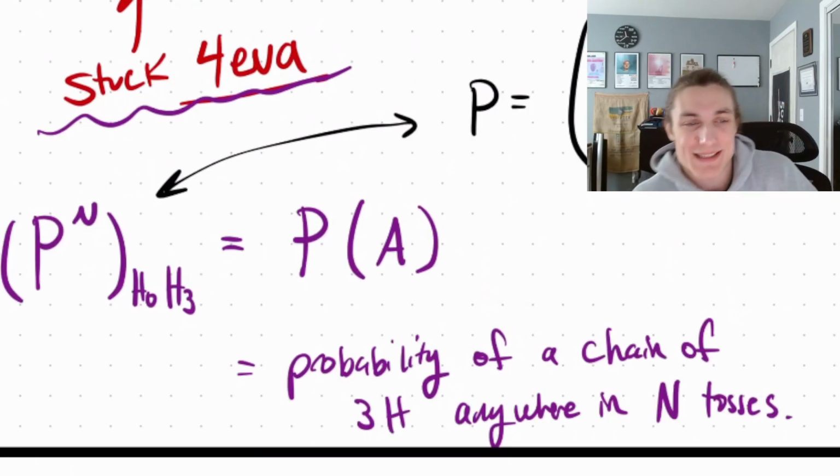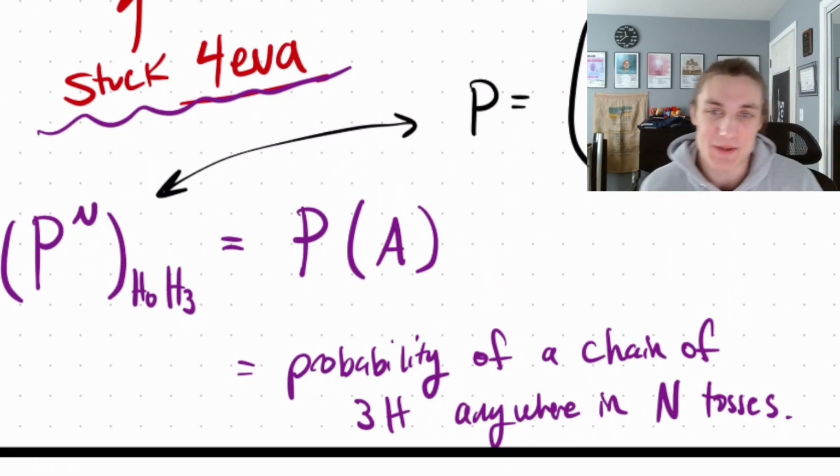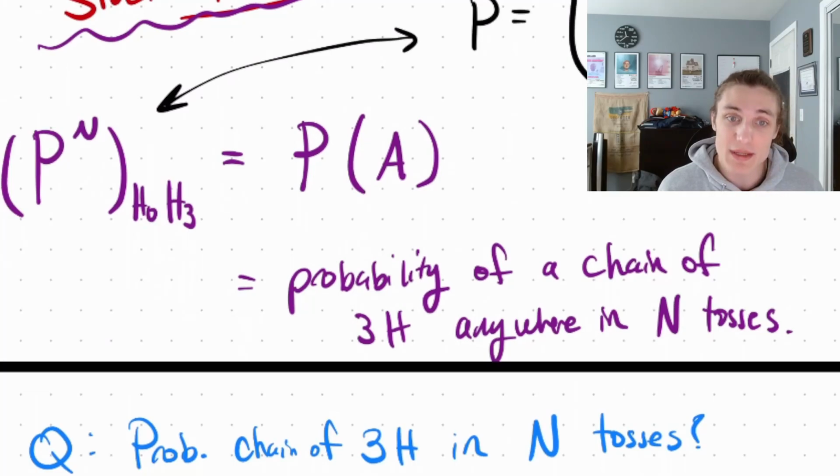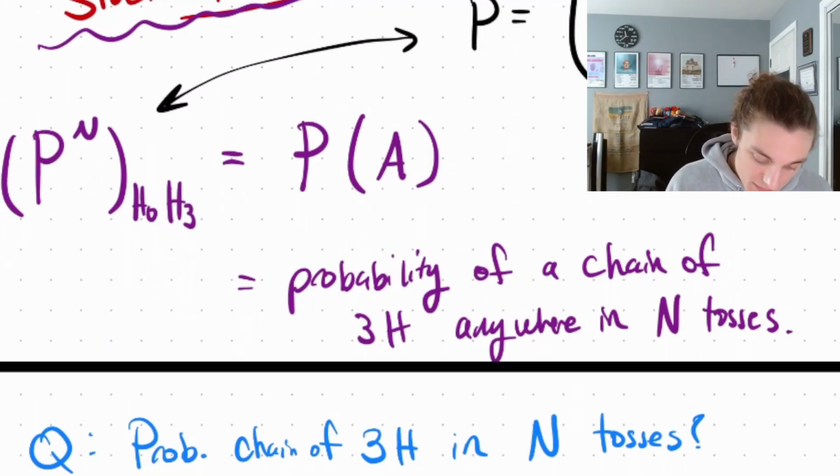So this is quite an exciting result, and the reason why I'm so excited is because there are really 3 derivative questions surrounding this one seemingly simple probability question. The first question we asked was, what is the probability of a chain of 3 heads in n tosses? Well, we just observed that here.